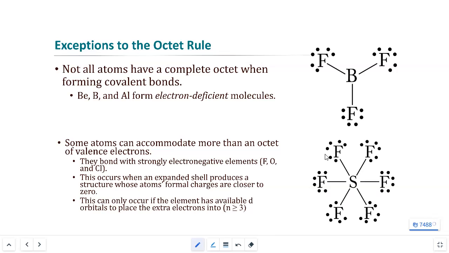So there are two primary reasons that the octet rule would not apply in a situation. One of those reasons would be where we have some sort of electron deficiency. In particular, group 13 and group 2 to a lesser extent are places where we would notice this.